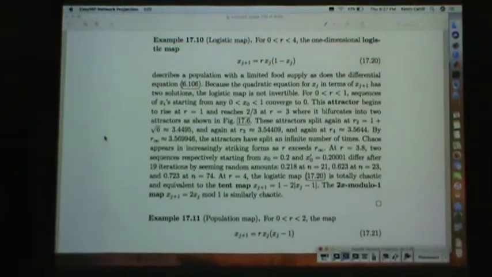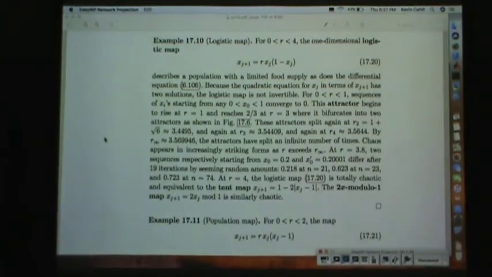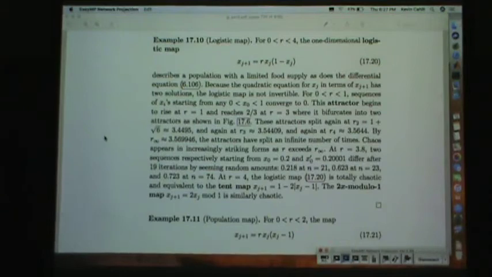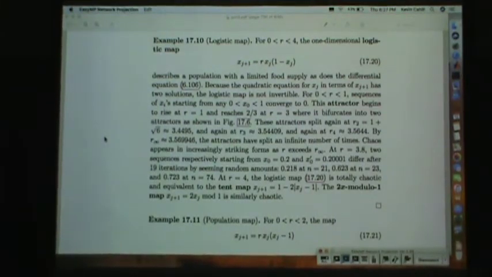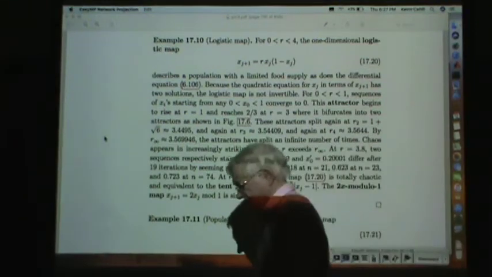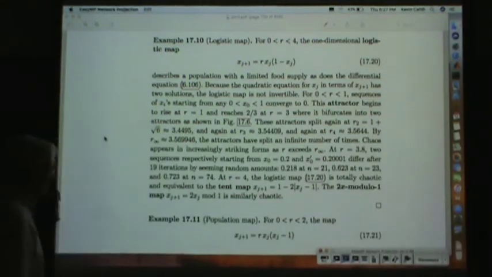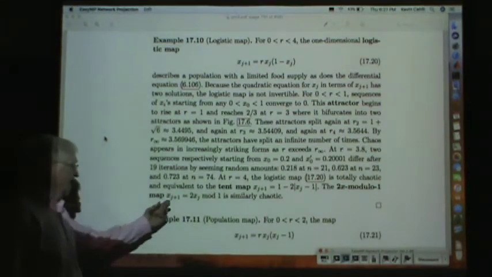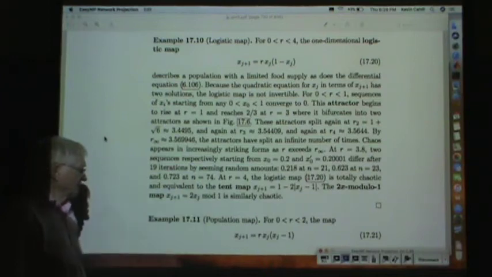And if you just work that out a few times with your figures, you can see that the sequence becomes essentially almost random. The 2x modulo 1 map also is similarly chaotic. So x_{j+1} is 2x_j mod 1.